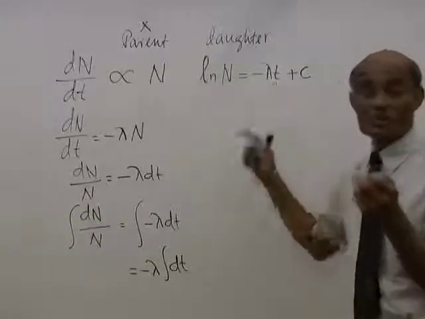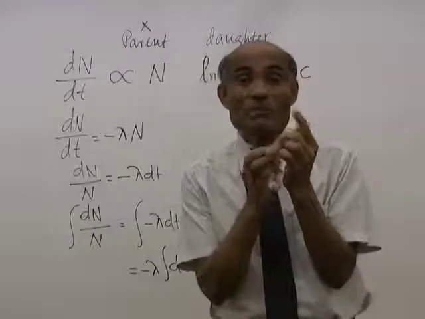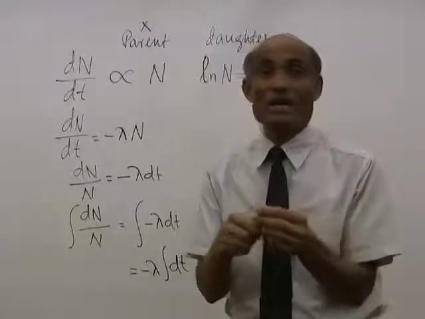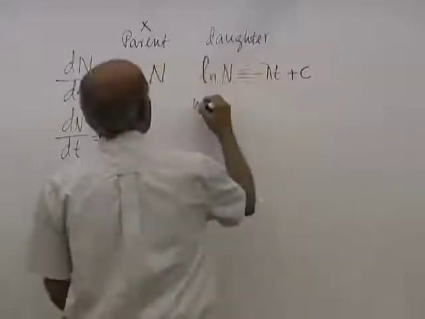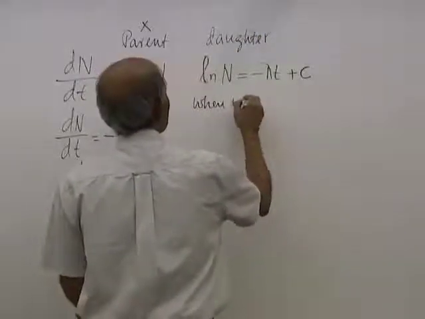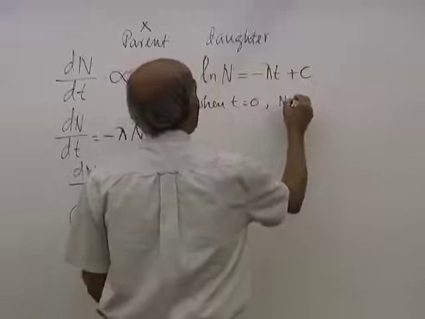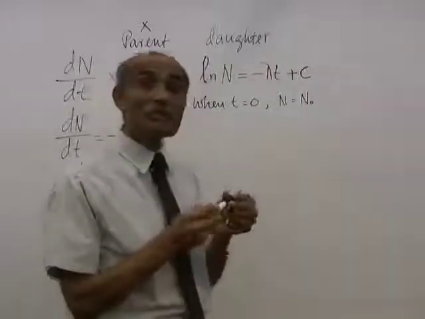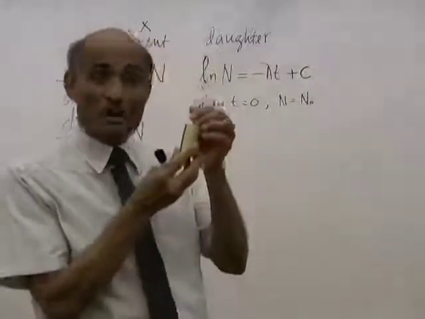When t equals 0, you have the maximum number of radioactive elements in here. And we would say, when t equals 0, our n equals n0.